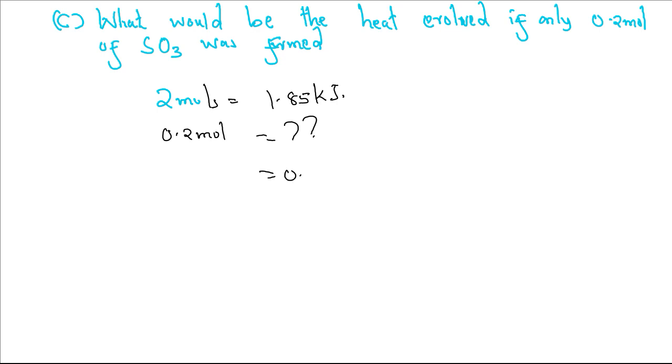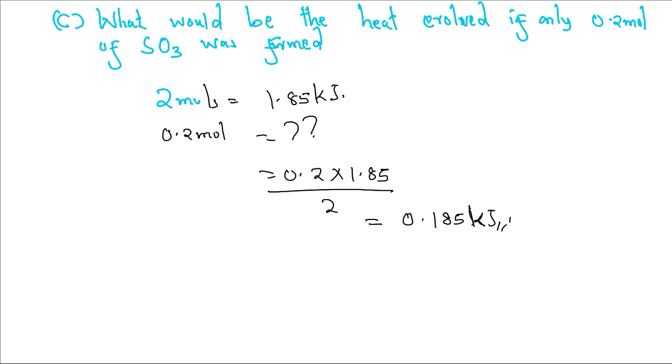So that is 0.2 times 1.85 divided by 2, and that gives 0.185 kilojoule. So that is what would be required if we are calling for 0.2 moles being produced.